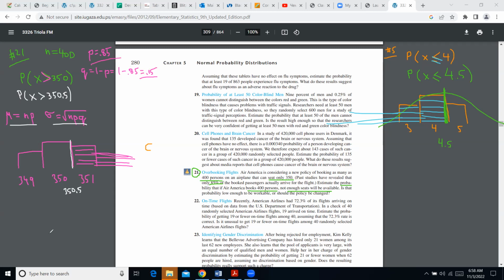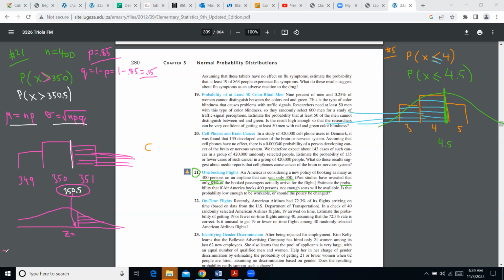So when I start to calculate the z-score, because my goal now is to utilize the standard normal distribution, right? And I have to know what z-score to use that will correspond to this value of x that we're dealing with.